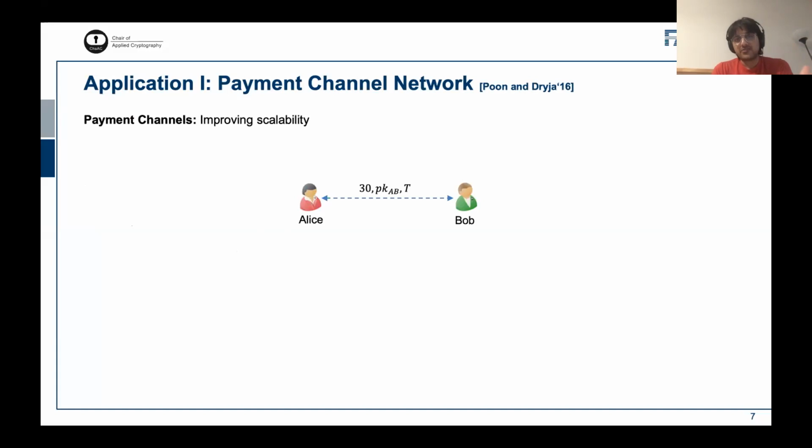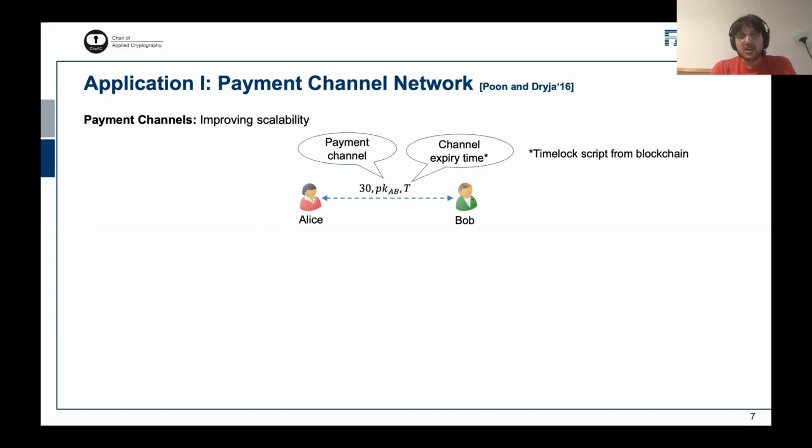You have two users, Alice and Bob, and they have a shared public key, PKAB, which has initial funds, let's say of 30 coins, and the channel expiry time is T. So what does this mean? This means that the funds of 30 coins stay in PKAB until time T, and the funds go back to Alice after time T. This is what this expiry time means.